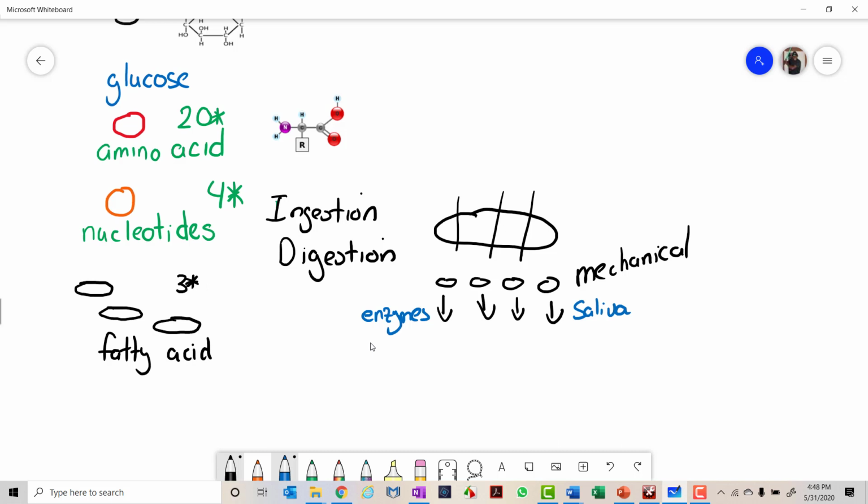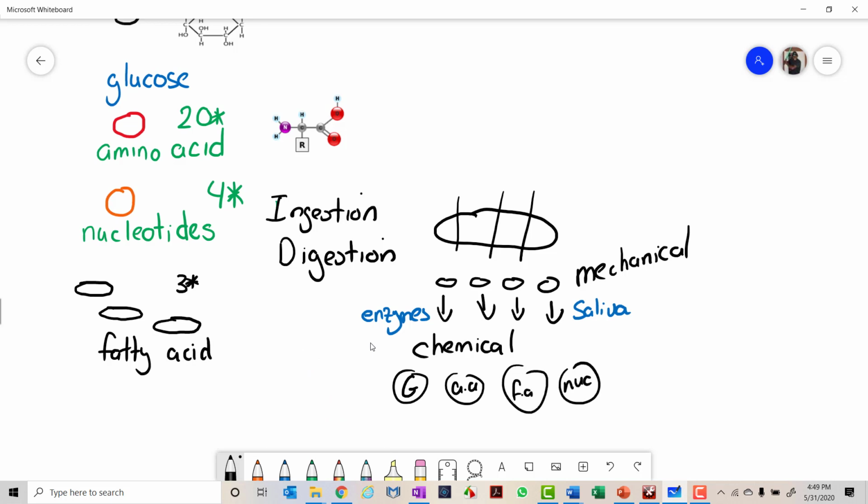So you'll get this chemical digestion process here. And that will give us the final piece of the puzzle, which is our glucose, our amino acids, our fatty acids, and our nucleotides. Now that we have all these constituent parts, digestion is done.